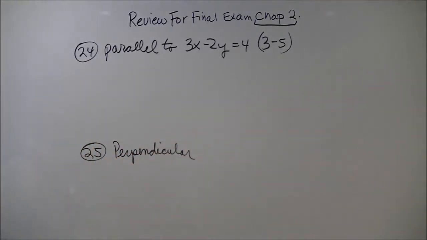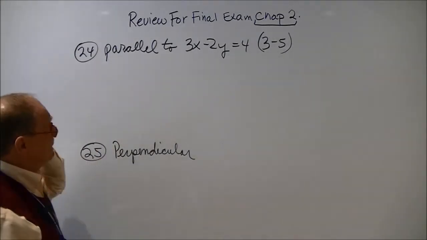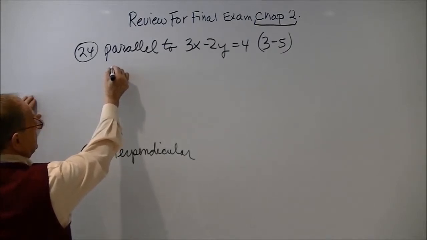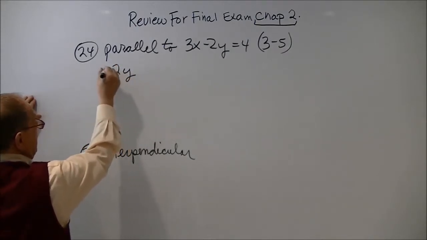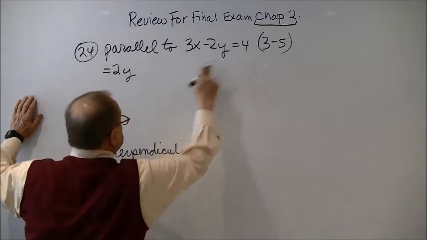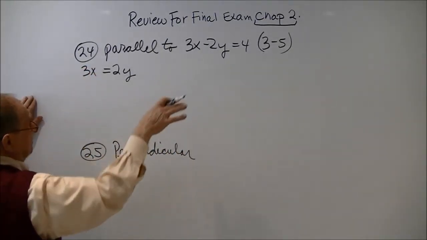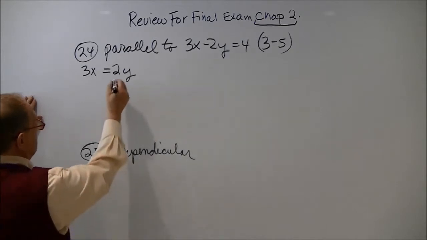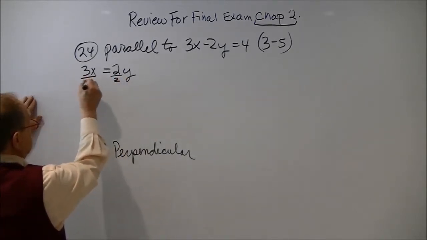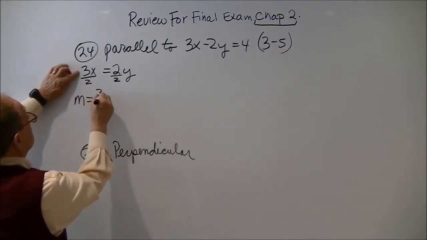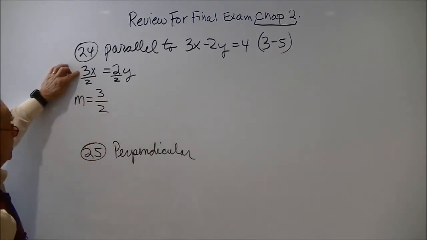So whenever we need to do something like this, if it's parallel, we have to find the slope of that. So I'm going to transpose the 2y to the other side to make it positive, and I have 3x. Again, I don't care about the y-intercept, so I'm going to divide both sides by 2. So my slope is 3/2.